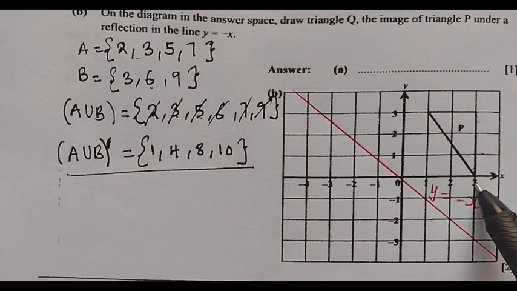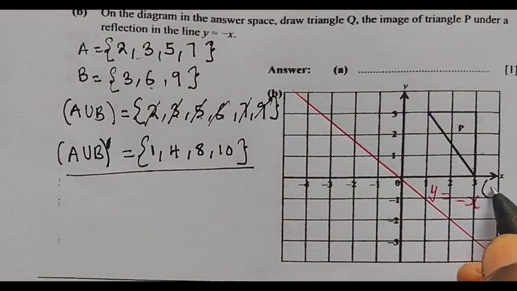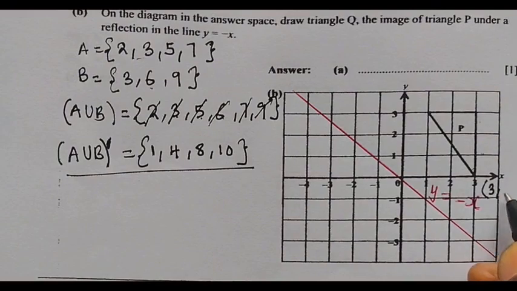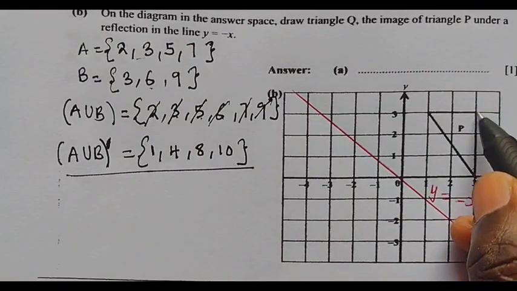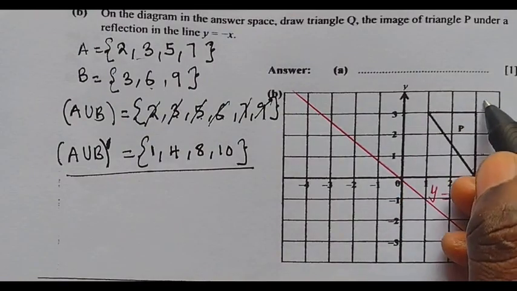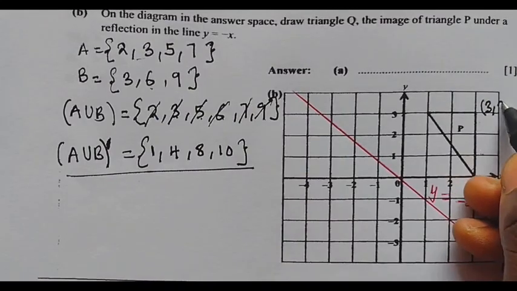So here you have 3, 0. This is the point that you have. Then here, this is 3, this is 3 right here, so here you have 3, 3.